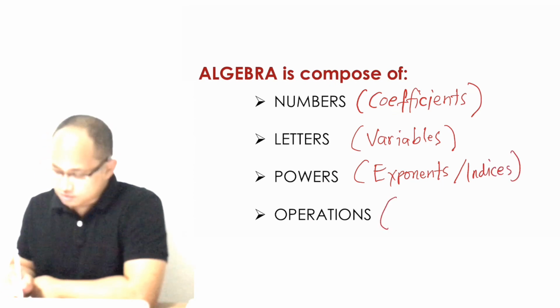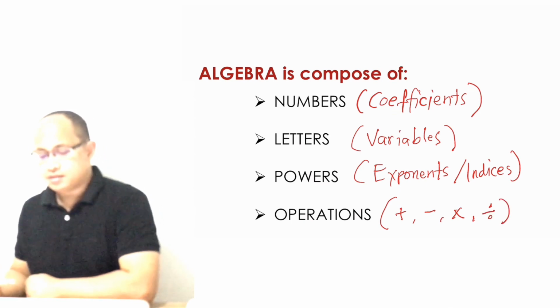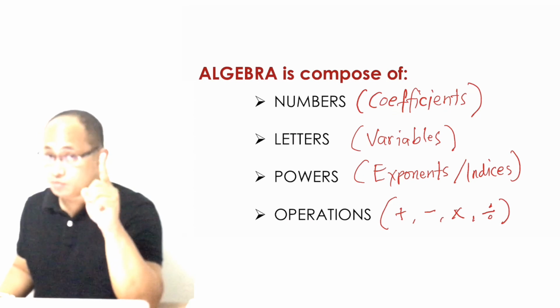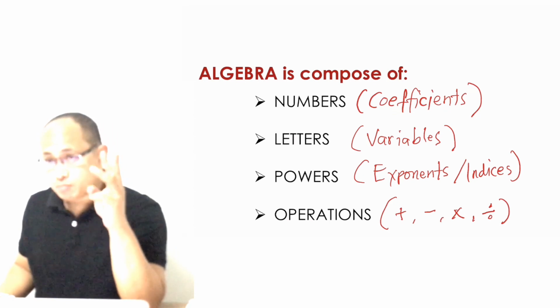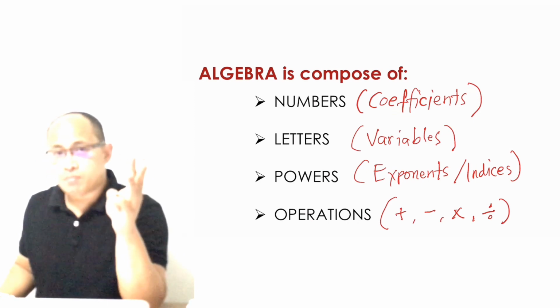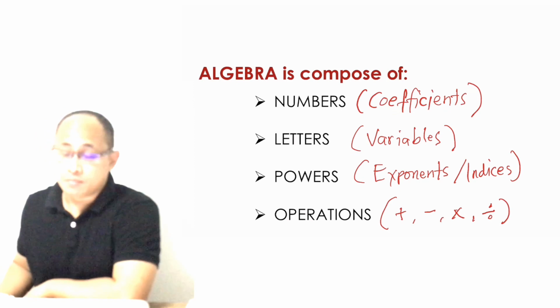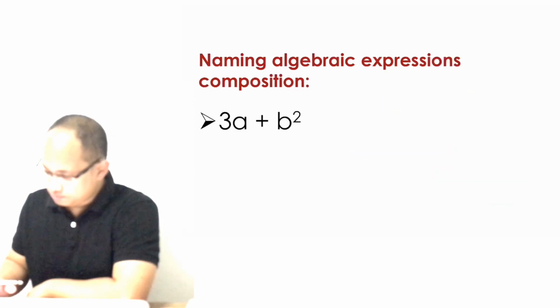Operations are the plus, the minus, the multiplication, and the division. So algebra is composed of these four things: coefficients, which involve numbers; variables, which involve letters; exponents, or powers or indices; and the four basic operations. Remember that always.